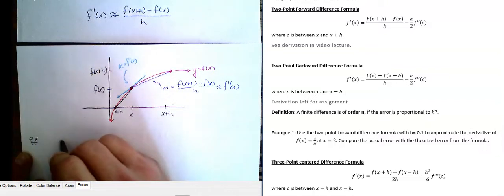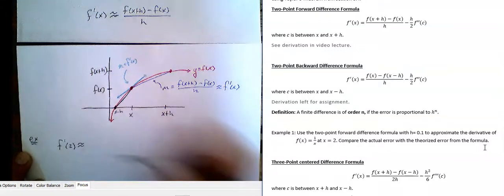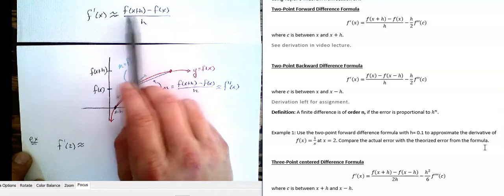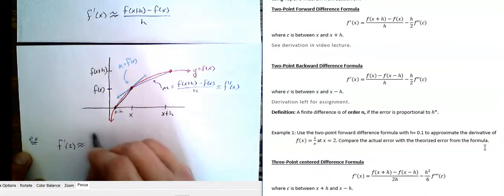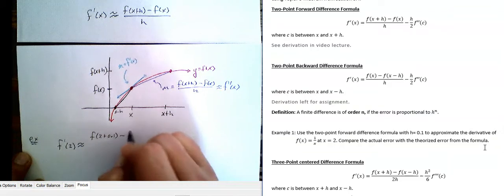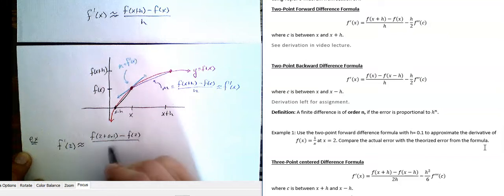So we know that f prime of 2 is approximately equal to, let's just fill in our formula values, f of 2 plus 0.1 minus f of 2 over 0.1.